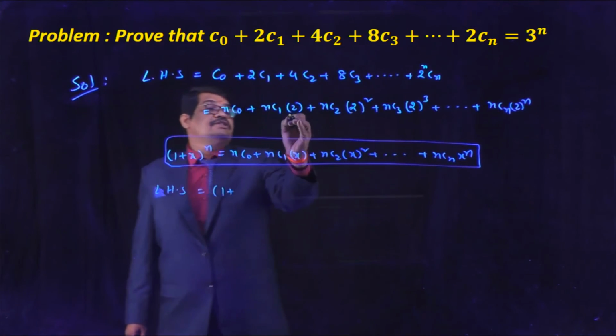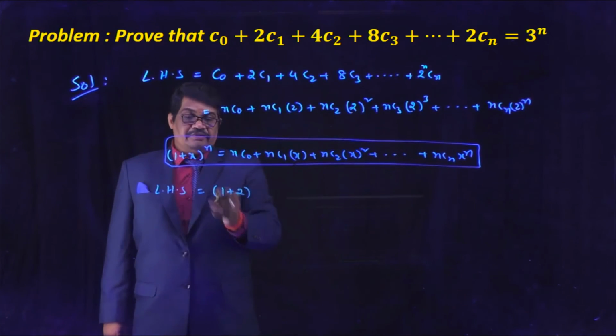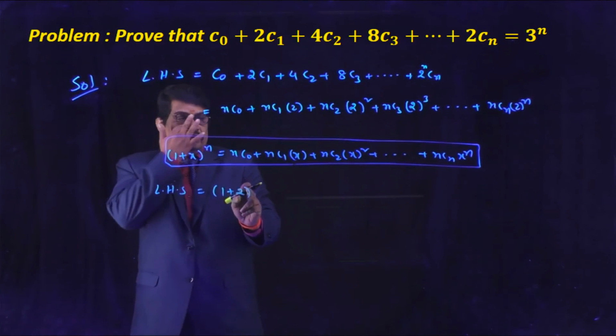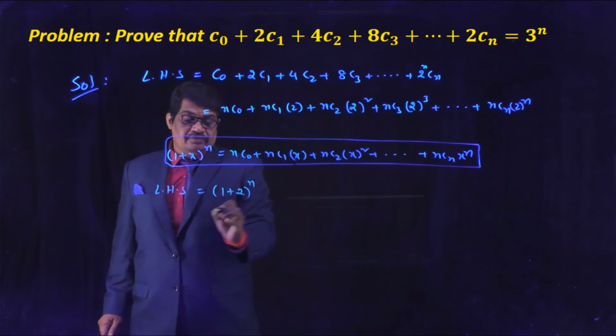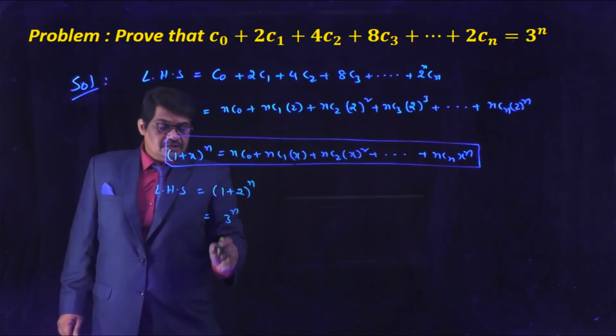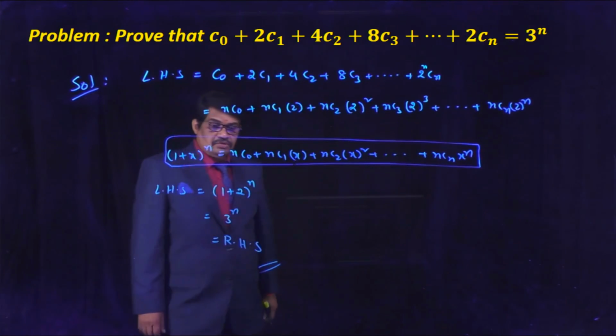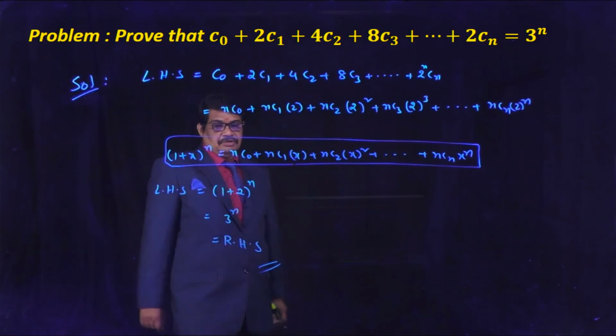In the place of x is 2, that is 1 plus 2, to the power of n. That is 1 plus 2, that is 3 to the power of n. That is our proving result, that is RHS. Okay, so LHS is equal to RHS.